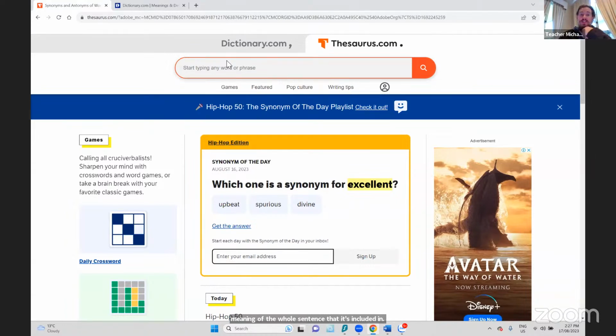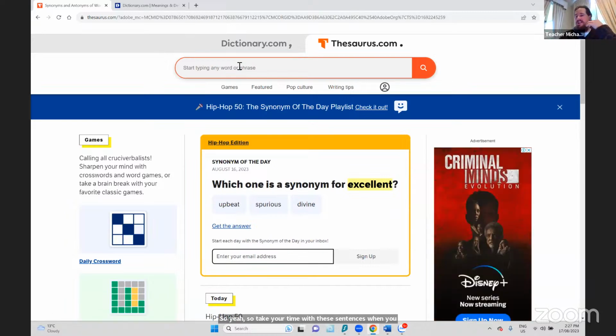So yeah, take your time with these sentences when you write them out, and sometimes you might need to change the whole structure of the sentence. You might need to change the word order. So yeah, just have a go at it, and check the meanings of the formal words just to make sure that you're using those words correctly. Because while they can mean almost the same thing, those small differences can still change the meaning of the sentence.